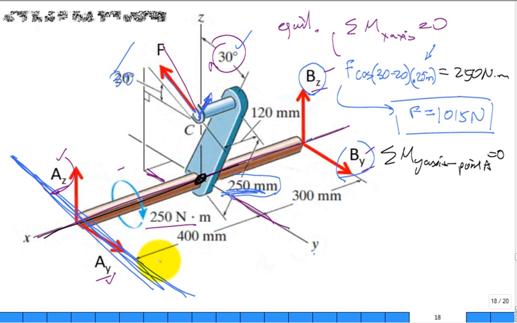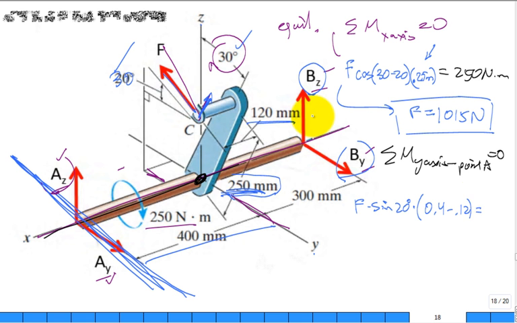It has a moment arm distance of 400 millimeters minus 120 millimeters. So what is that upward component? F times the sine of 20 degrees times a perpendicular distance of 0.4 minus 0.12 meters. And that's going to contribute a positive sense.